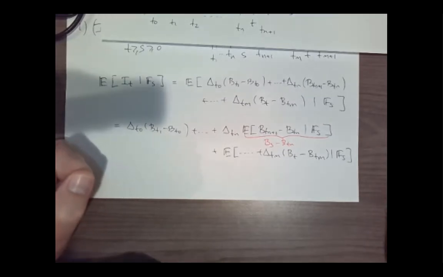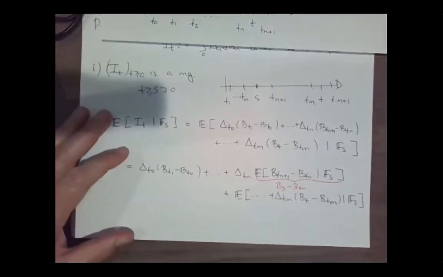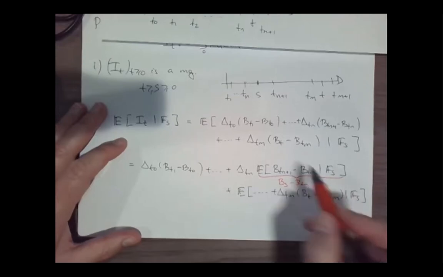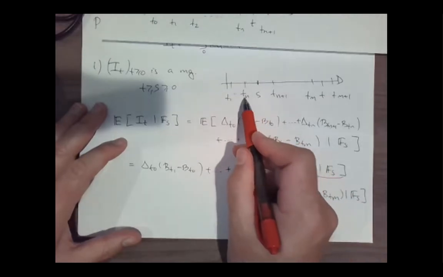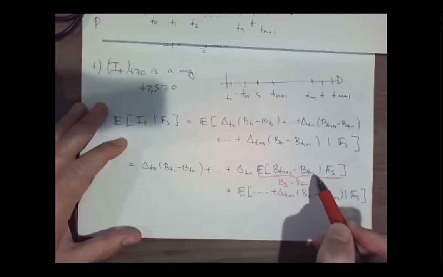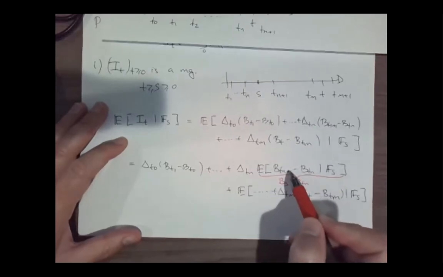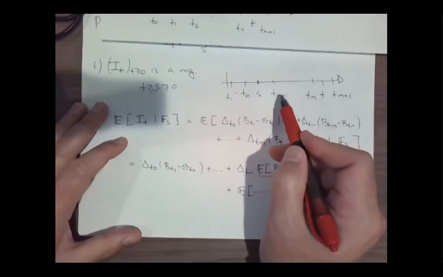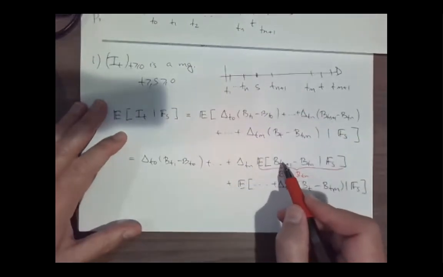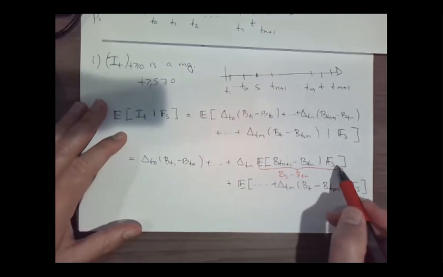Why? Right, so Tn is less than S. Right, so this term here is already measurable. Tn plus 1 is bigger than S. Yes. So what is the conditional expectation of a Brownian motion at a later time given an earlier time?